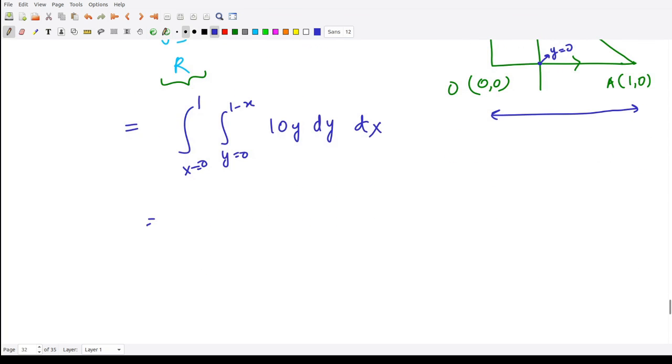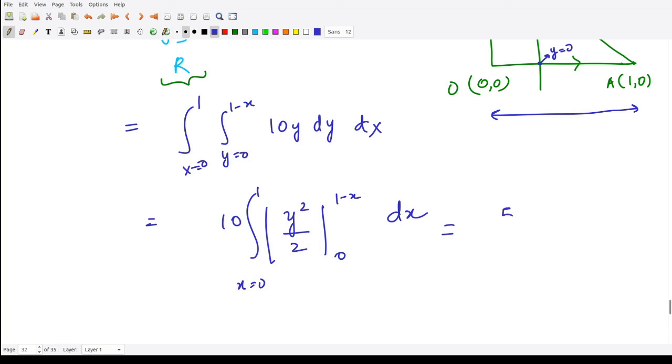So when you solve this integration, it would be 10. The integration of y would be y square by 2, and the limits of y would be from 0 to 1 minus x. So this is what you have. It would be 5 into (1 minus x) whole square dx, and integration of x varying from 0 to 1.